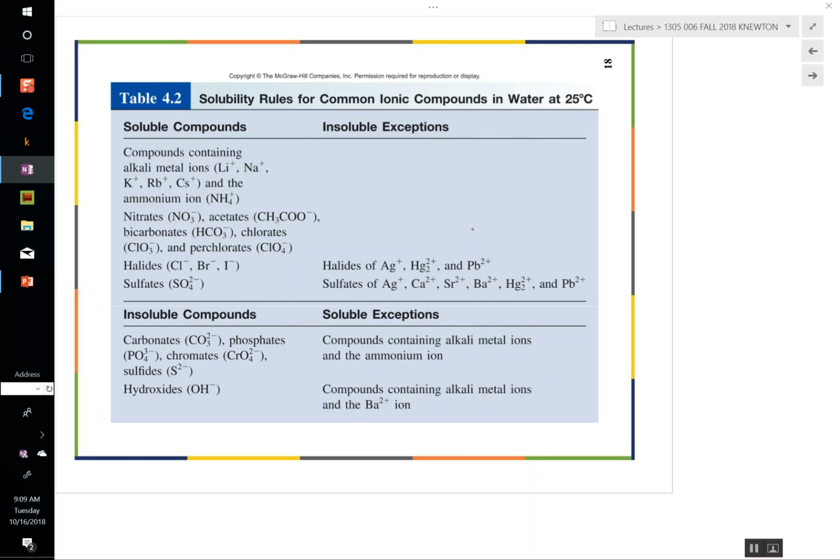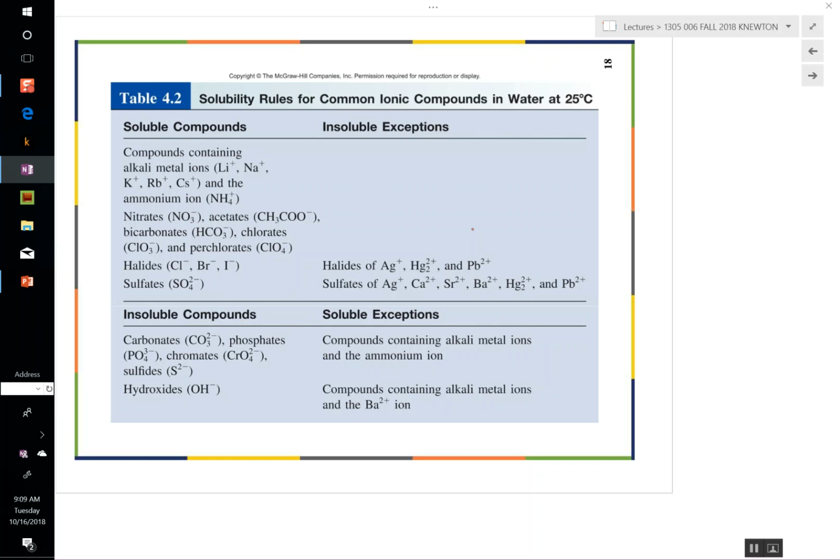And this is one of these, right? Yes. That's the exception. So silver sulfate is not soluble. Good. That's how you use this chart.